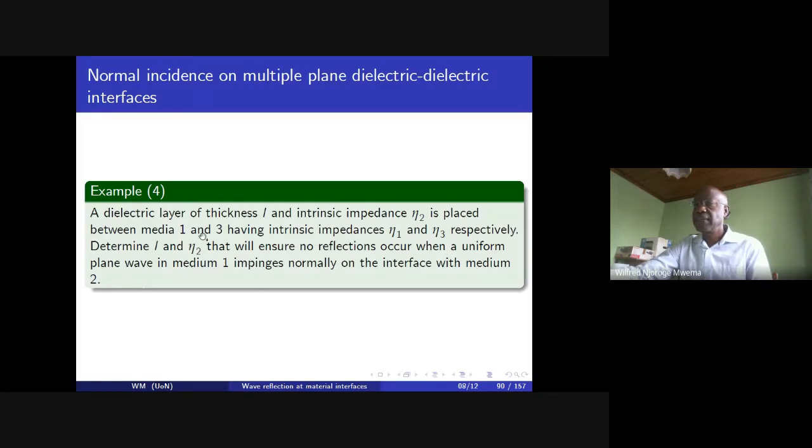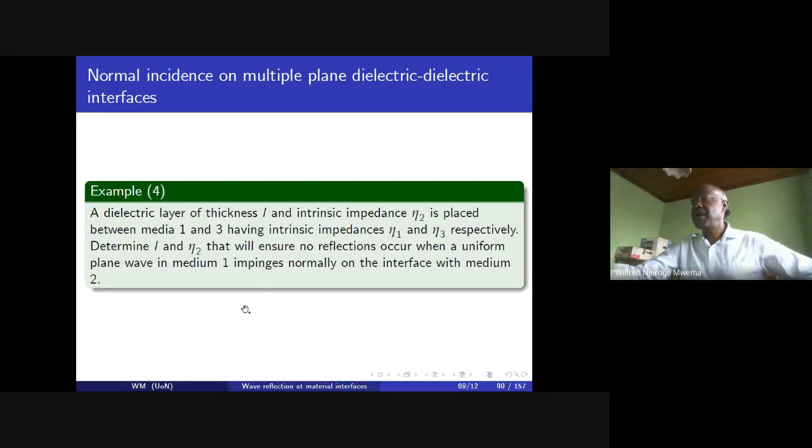That is, if we were to make an interface between medium 1 and 3, we'll get reflections. But if we separate medium 3 and medium 1 with a medium 2 of thickness L, then we can see that the incident wave in medium 1 will be transmitted totally towards the interface at medium 3, okay?